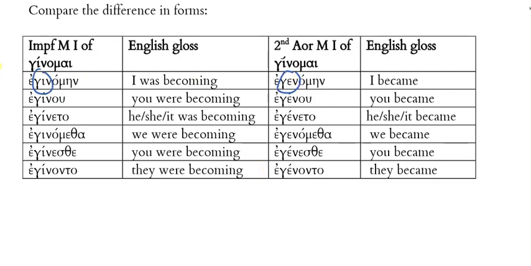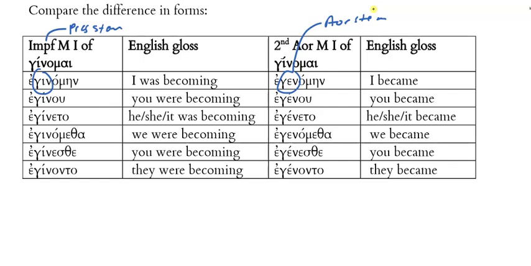Gen is the, which stem does the imperfect use? Present stem. There is no imperfect stem, right? Present stem. Gen is the aorist stem. Okay? They cannot be the same, or we cannot tell the difference between was becoming and became.